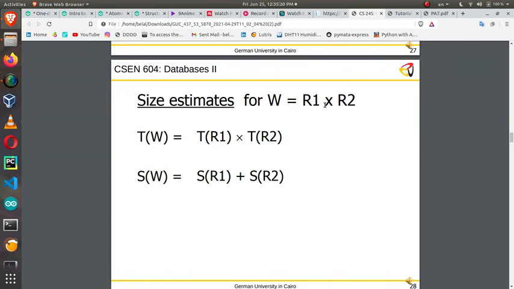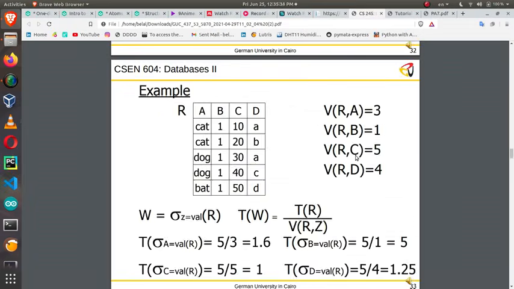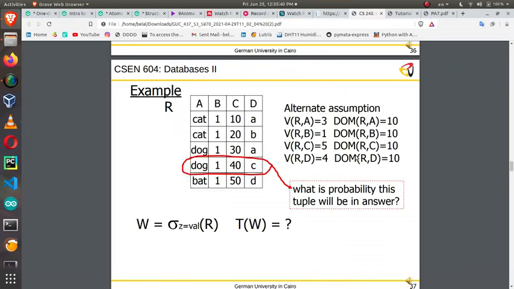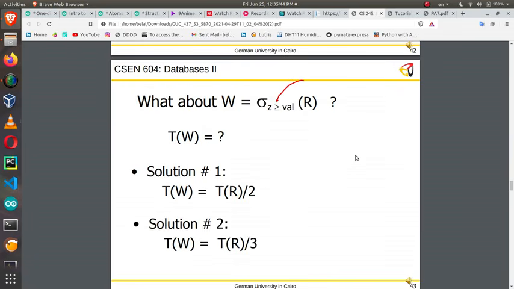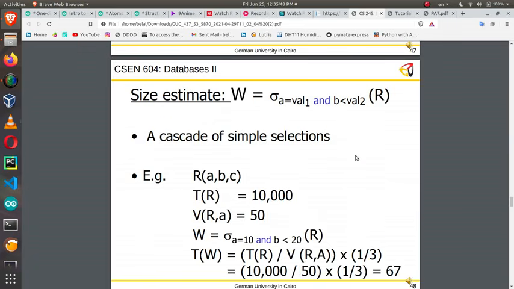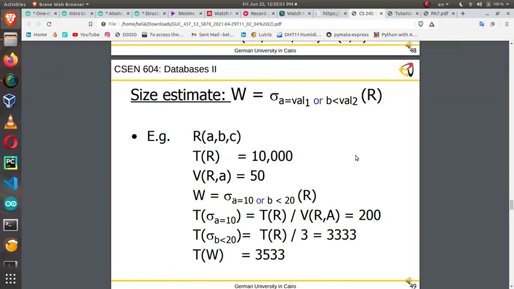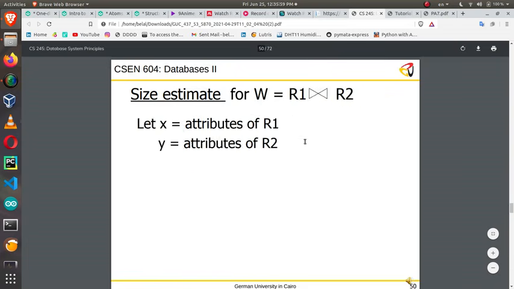We are going to estimate the cost for different types of SQL statements, such as cross product, select condition equal, select less than, select not equal, how to perform the cost of the join, and how to compute the cost for SQL queries with multiple conditions or compound conditions, such as AND, OR.